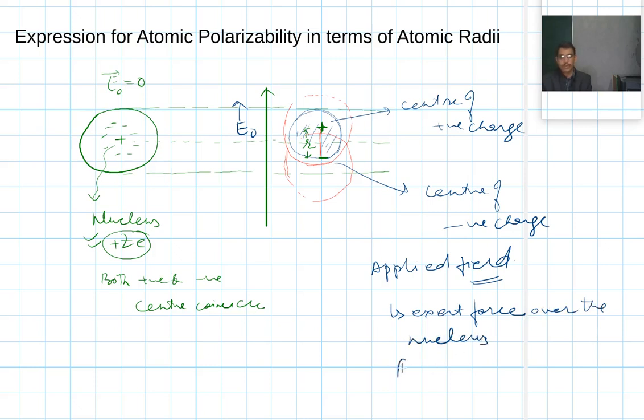Let us call that force F prime, and it is Ze E naught. This is the force exerted by E naught over the nucleus, and because of this it moves a small distance apart.